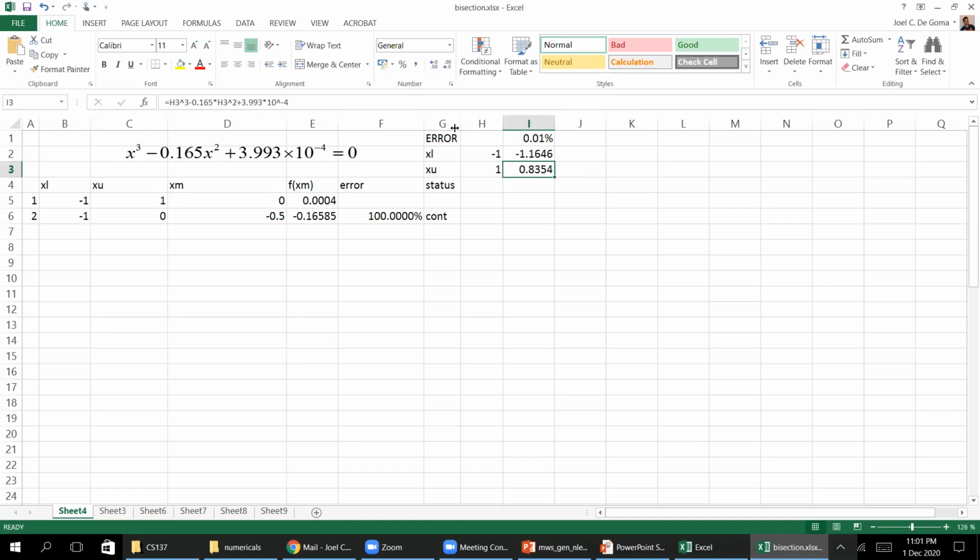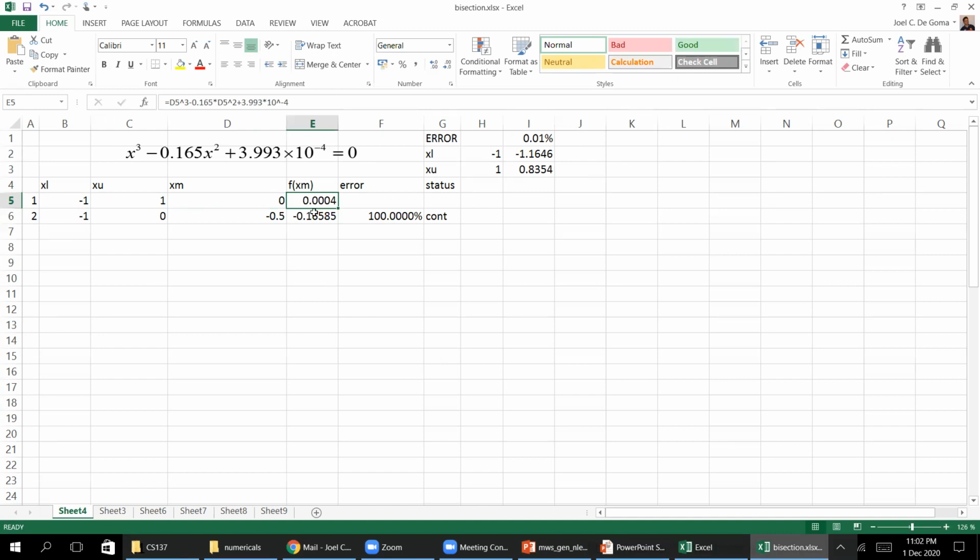Then after determining the x sub l and x sub u based on the algorithm, we're going to get the x sub m. So -1 plus 1 divided by 2 is 0. That will be your x sub m. Then after getting this, you substitute it to our equation, and this is the result, 0.004.